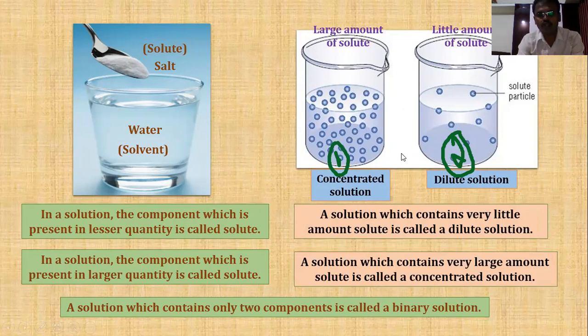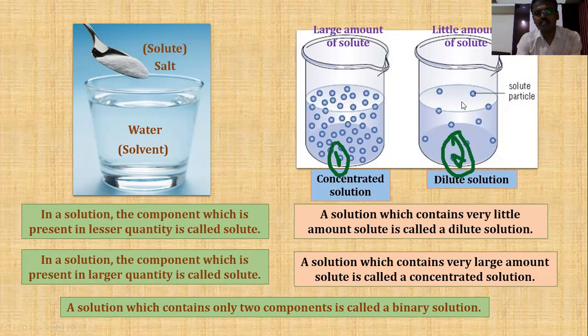Students, it is only a qualitative way to compare solutions. It will not tell us the exact amount of solute present, but still we can compare the solutions. Suppose you have copper sulfate in both solutions, and we know that copper sulfate is blue in solution. The solution which contains more copper sulfate will have a more intense blue color.